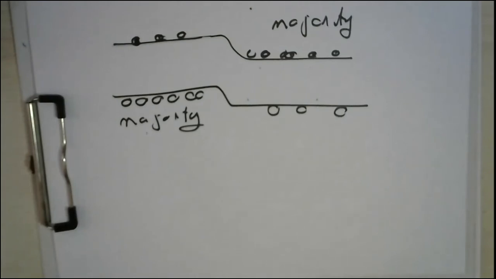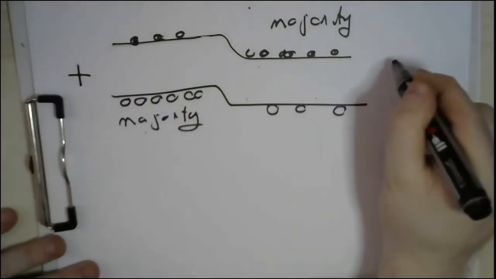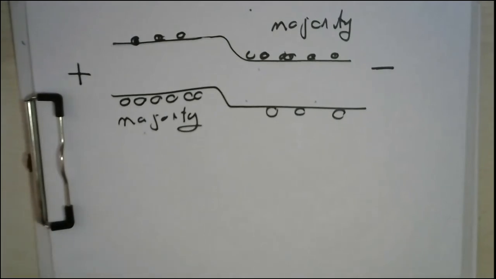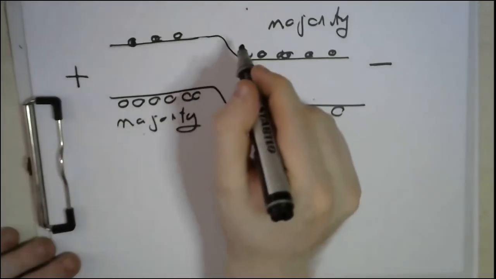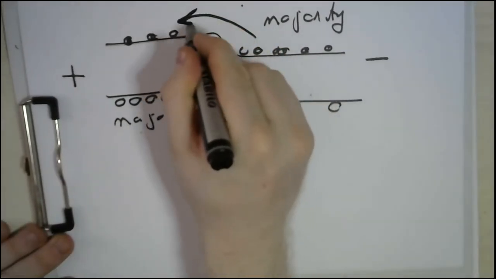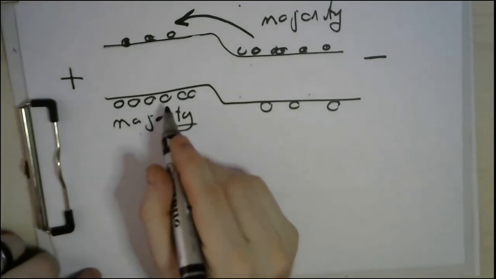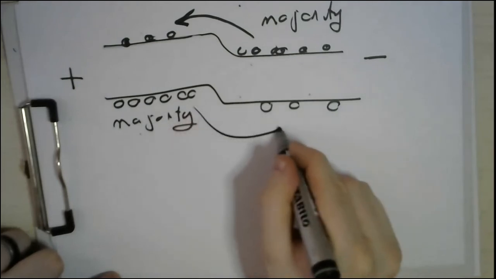So maybe, of course, you are inserting here a positive voltage, and this is a negative voltage because this is a forward bias. So maybe some electrons, due to this attraction force, can move in this direction. And maybe some holes, due to the attraction force, can move in this direction.